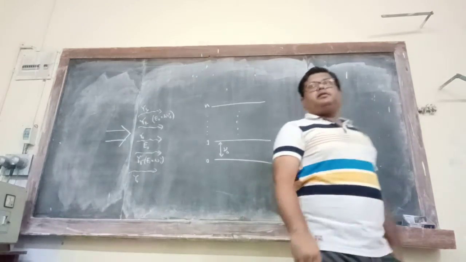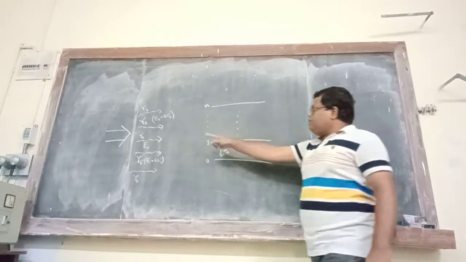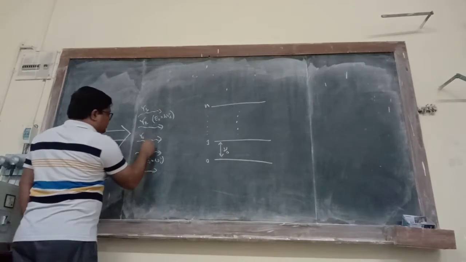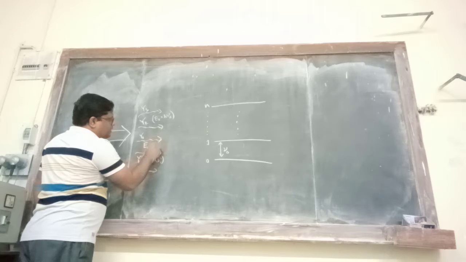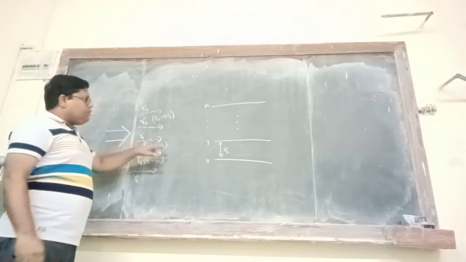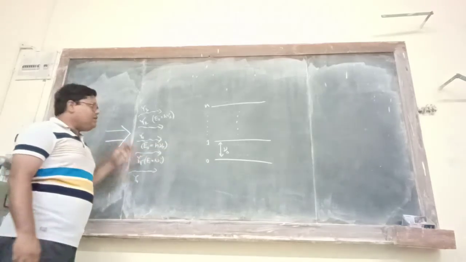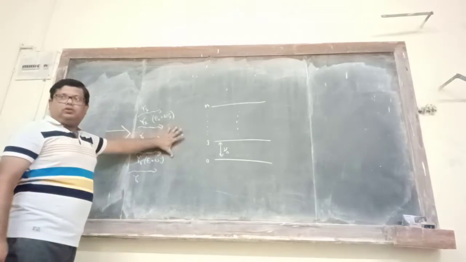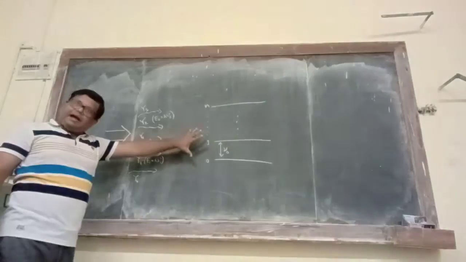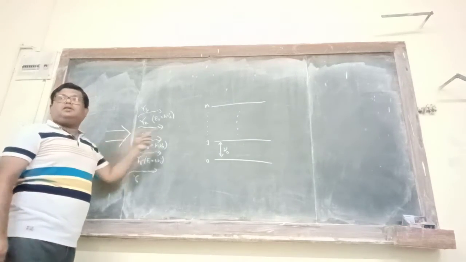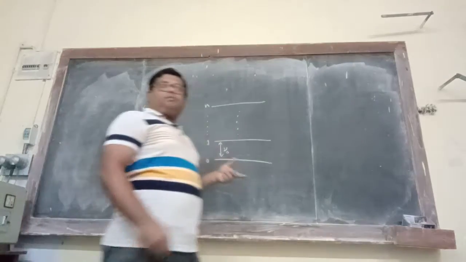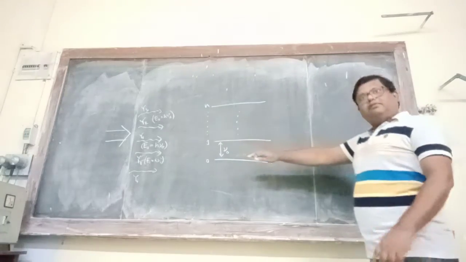Then look over there, we also have this photon with energy h into mu0, so the frequency matches. When all these photons fall on the atoms, only this one will be absorbed, because its frequency matches with one particular excited level.